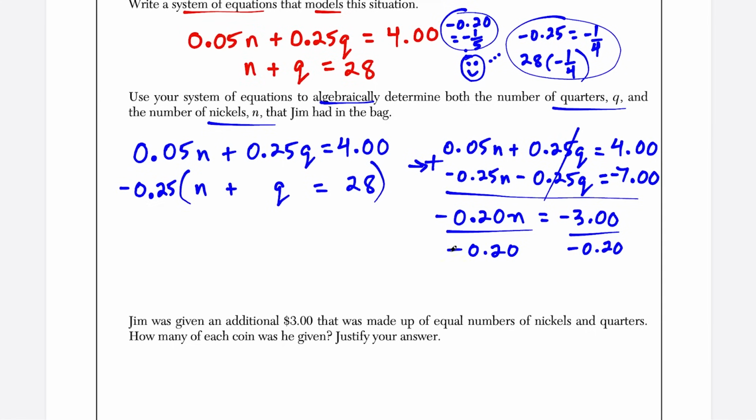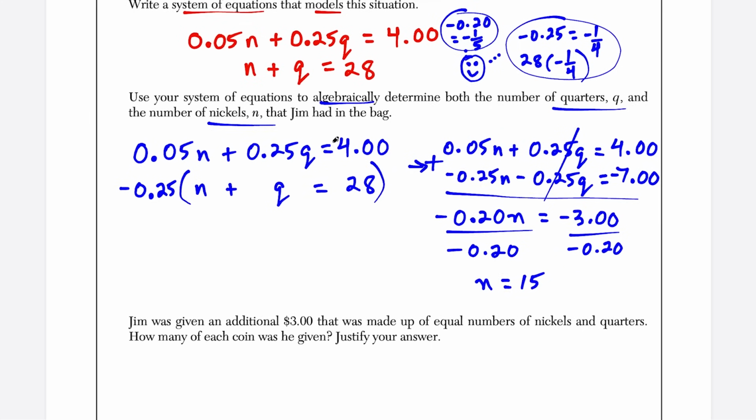So dividing by negative 1/5 is the same thing as multiplying by negative 5. So negative 3 times negative 5 is 15. This tells us that there are 15 nickels in Jim's bag.